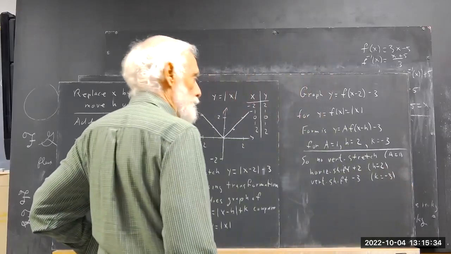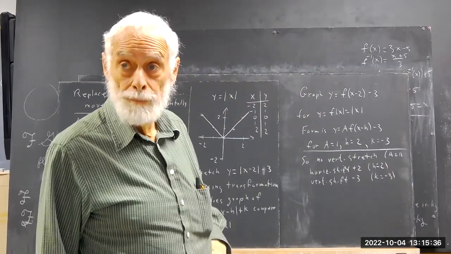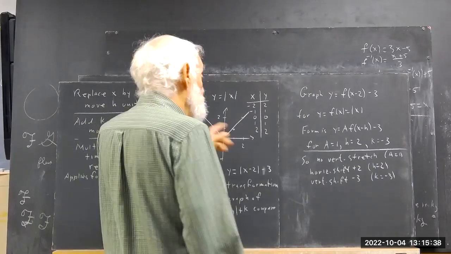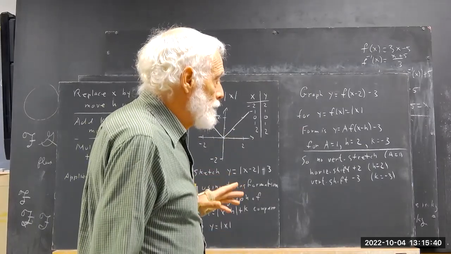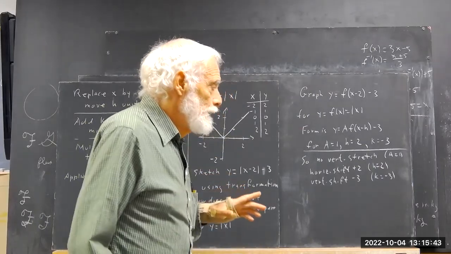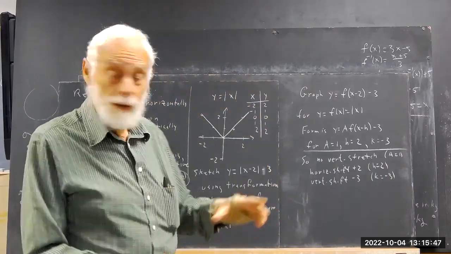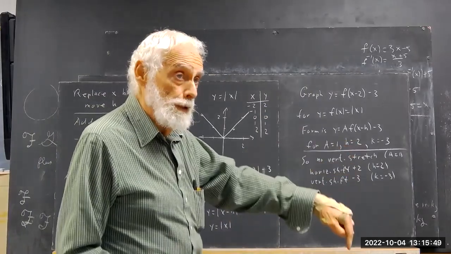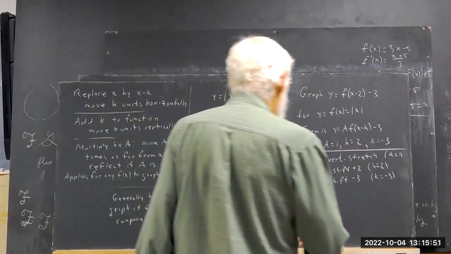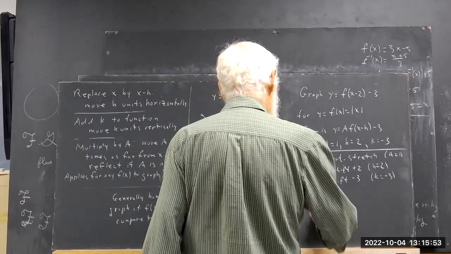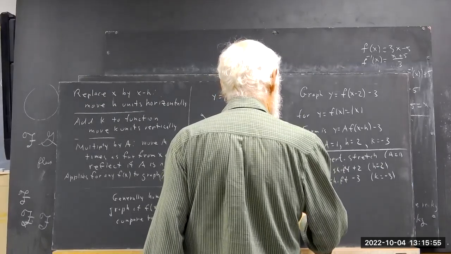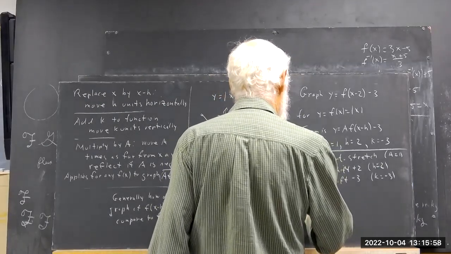Vertical shift is -3 because k equals -3. It means we're going to take every point of this graph, don't move it further or closer to the axis by some factor. Just shift it 2 units to the right and 3 units down. So we're going to just draw the graph here. Here's our basic graph.